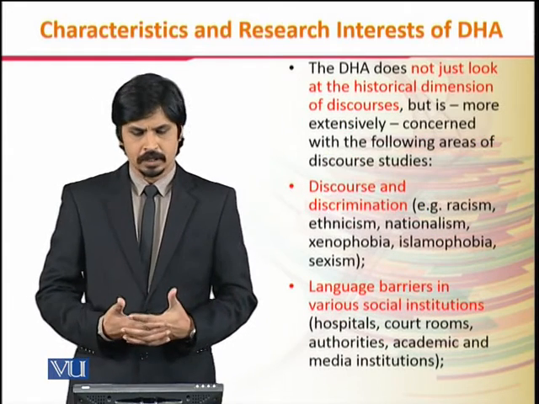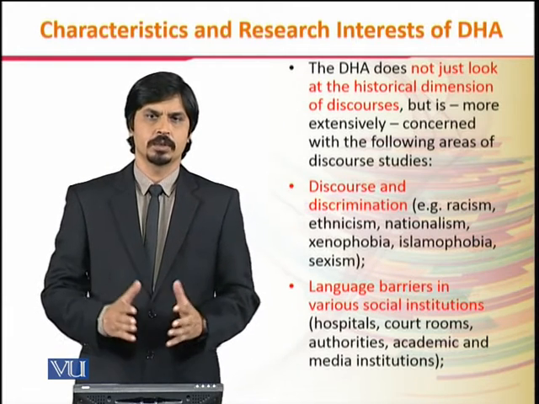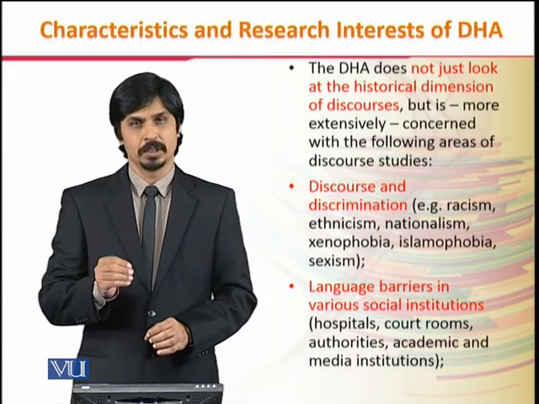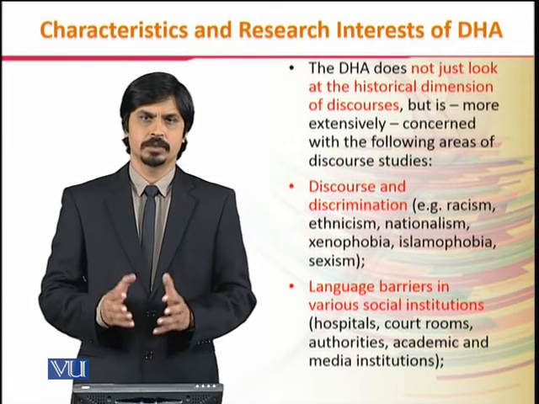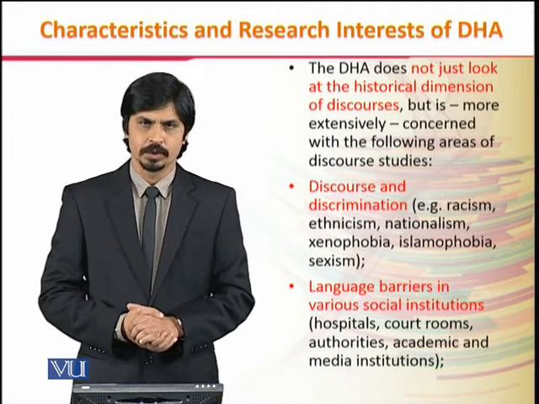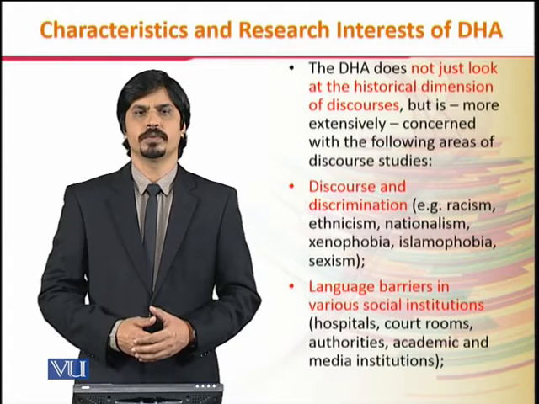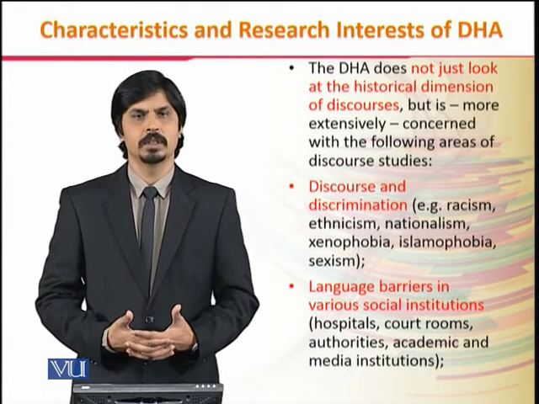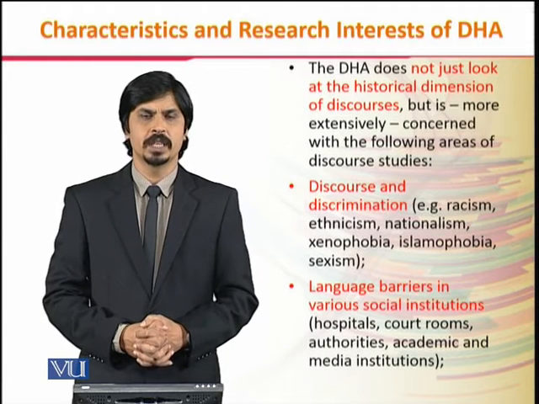DHA doesn't just look at the historical dimension of a text, rather it looks at other aspects of the text also. It looks into certain fields or areas of interest in a text. For example, DHA focuses on discourse and discrimination. This discrimination may be of any nature, for example, of race, maybe based on ethnicism, nationalism, xenophobia.